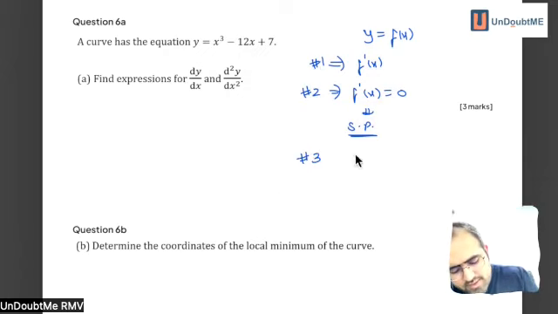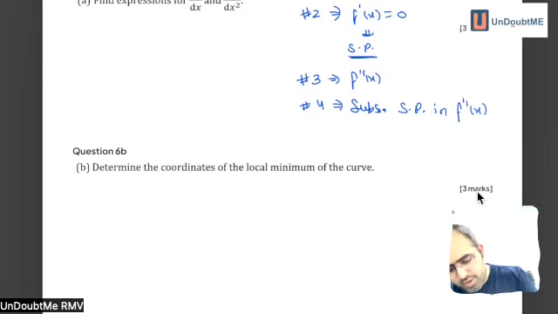Then step number 3 is you will find f double dash x, and in step number 4 you will substitute the stationary points in f double dash x. It will be positive, negative, or equal to 0.